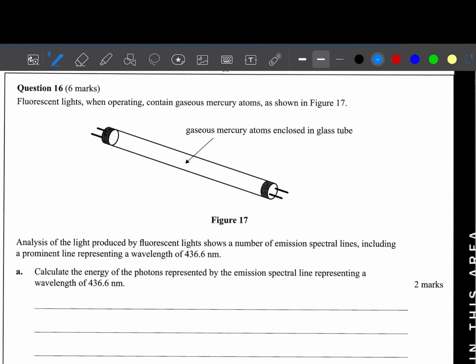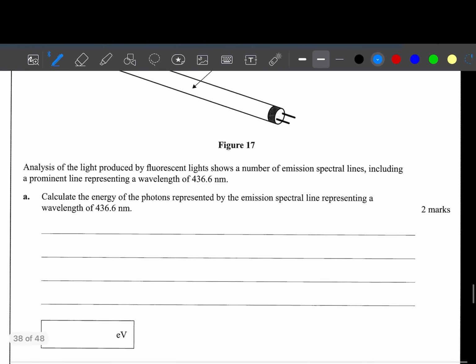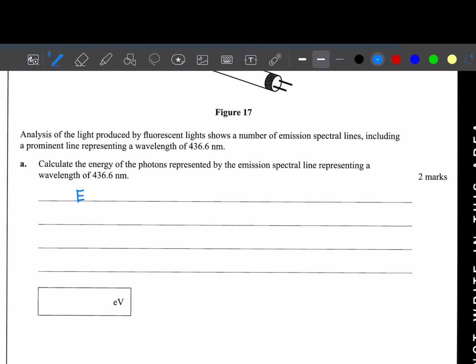Oh yeah, we have a formula for that too. E equals H times C on lambda. Now H is going to be 4.14 times 10 to the negative 15, let me just check the formula sheet again, because of the unit eV, so that would change everything. It's the same thing, just written differently.